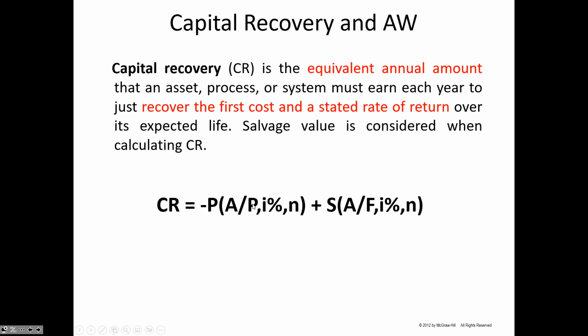Find A given P, where you're using some known interest rate for a certain number of periods, and the minus sign is because the purchase price is an outflow, and then plus, the positive sign, because the salvage value is a revenue. And you're finding the annual equivalent of a single lump sum future amount. So find A given F. So that's capital recovery.